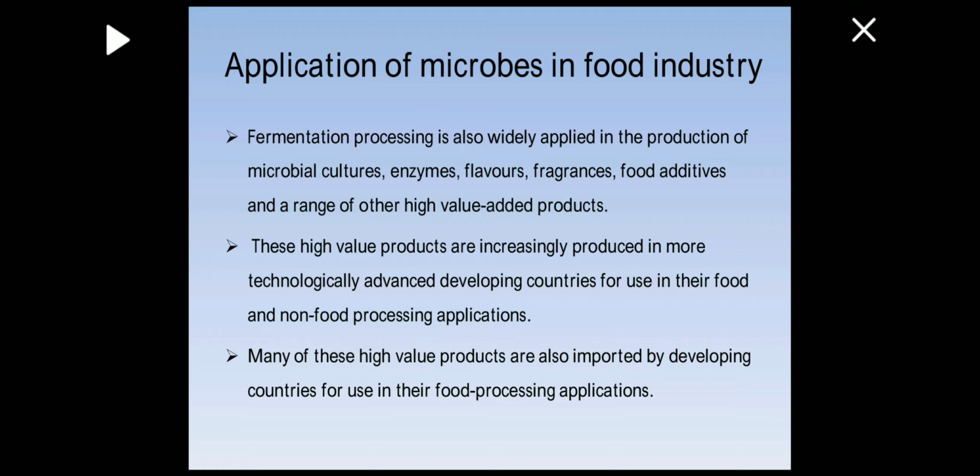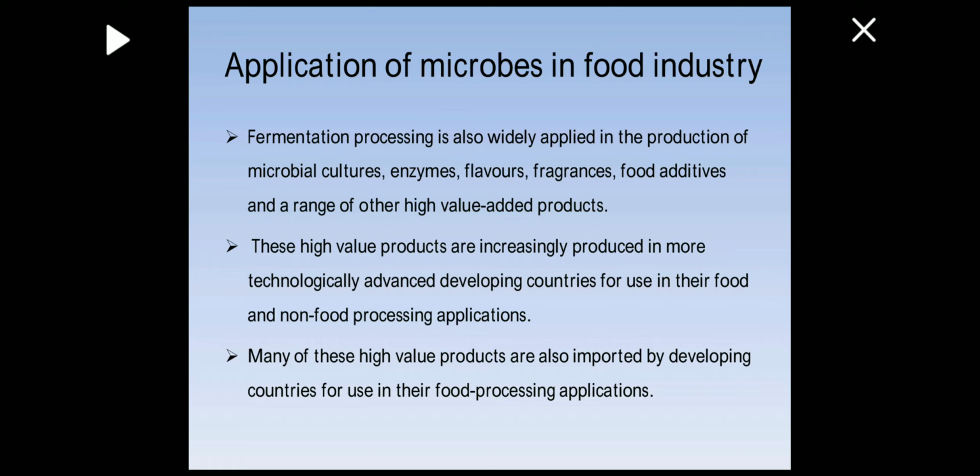So applications of microbes in the food industry. Fermentation processing is also widely applied in the production of microbial cultures, enzymes, flavors, fragrances, food additives, and a range of other high value added products. As in the previous slide, I said the flavor of the food products, the fragrance of the food products, food additives or food supplements.